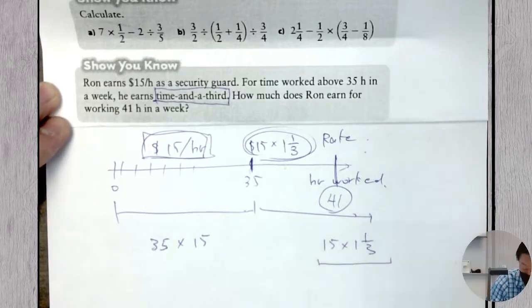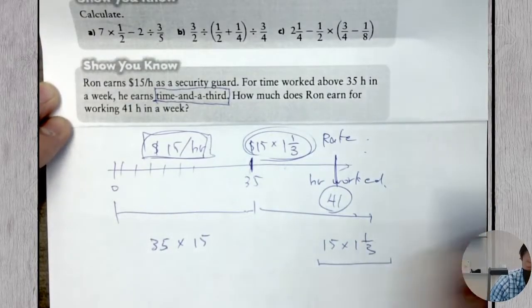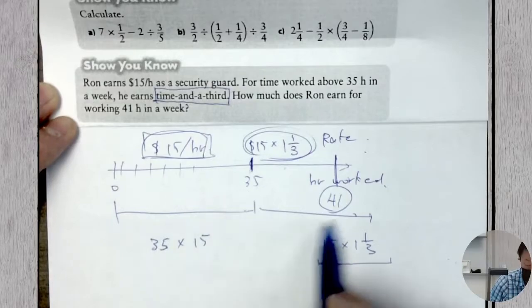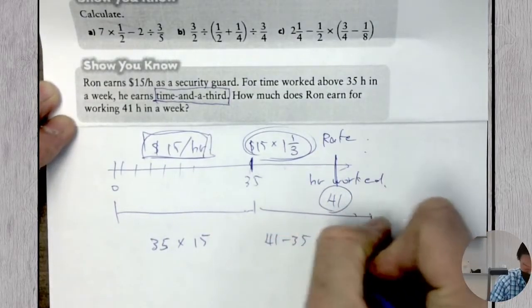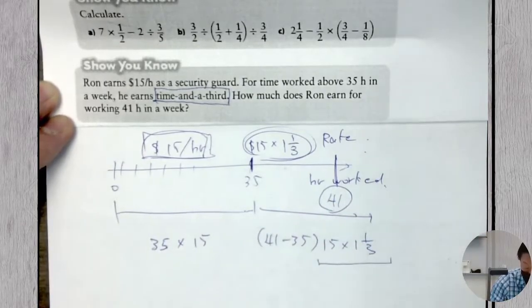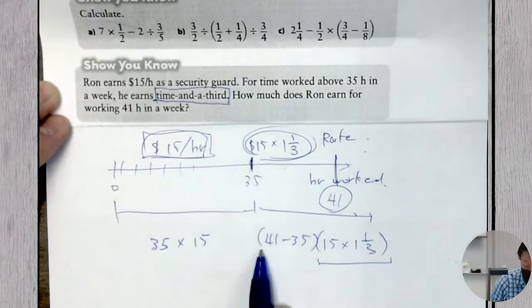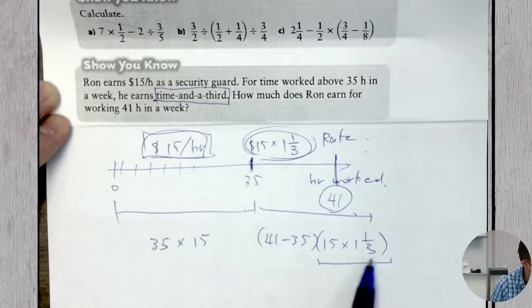This is per hour. How many hours did he work? So from 35 to 41, right? That would be 41 minus 35. That would be how many hours he worked, and times the rate. It's getting a little bit complex, yes?